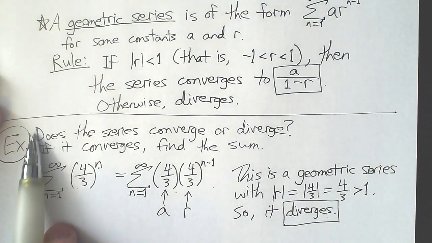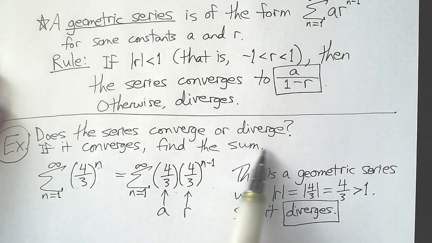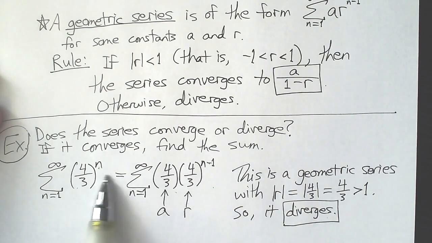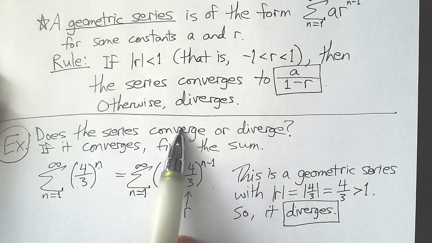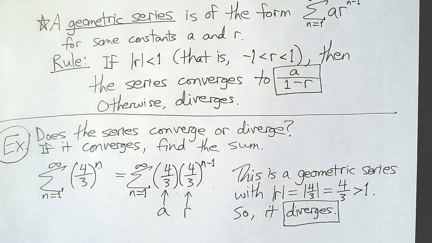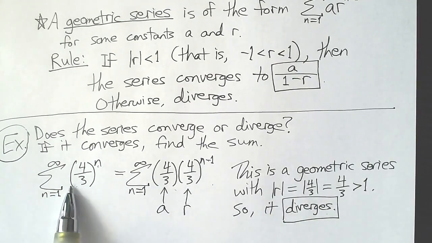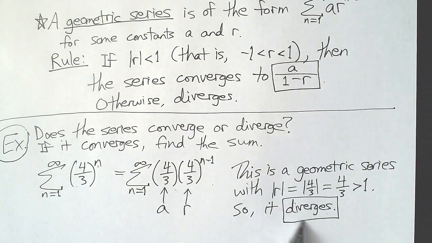And by the way, when a problem is phrased this way, I didn't really write it, but it's implied that you need to show enough work to justify your answer. Because converge or diverge sounds like a 50-50 chance that you get it right. Flip a coin, does it converge or diverge? Well, no, we want to see you explain why, justify your answer.